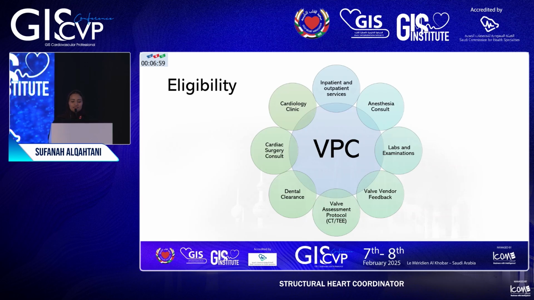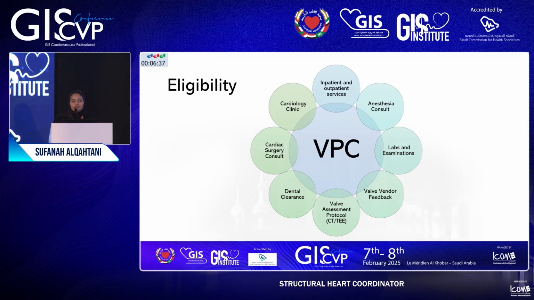The physician will determine the benefits and the risks for the procedure. If you have any assessments like a frailty assessment, 5-meter walk test, things like that, it will be done in the cardiology clinic. You will need also a cardiac surgery consultation to determine what's best for the patient, whether it's going to be a surgical intervention or a percutaneous intervention.